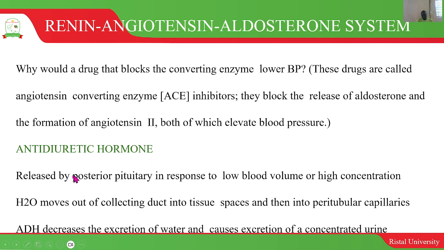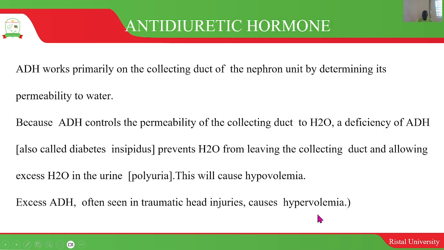Antidiuretic hormone (ADH) is released by the posterior pituitary in response to low blood volume or high concentrations. Water moves out of the collecting duct into tissue spaces and then into capillaries. Antidiuretic hormone decreases the excretion of water and causes excretion of concentrated urine.